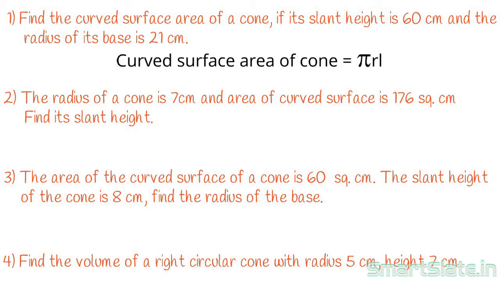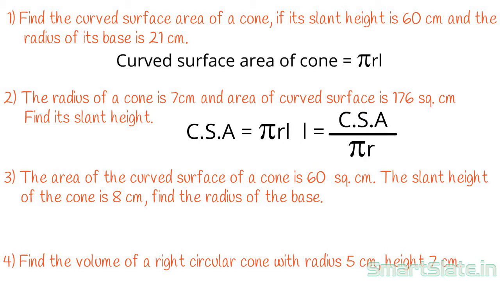The formula which we used in the first question can be used here as well. Curved surface area is equal to pi R L. Hence, L is equal to curved surface area by pi into R. After substituting the values of radius and curved surface area, we get the value of slant height.